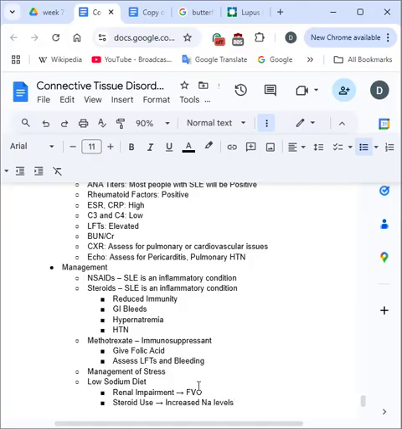So again, when you think about side effects of steroids, you can think about Cushing syndrome and the signs and symptoms of Cushing's. Those signs and symptoms of Cushing's will be exaggerated versions of your short-term side effects of steroid use. The excess cortisol will have an impact on the aldosterone receptors.